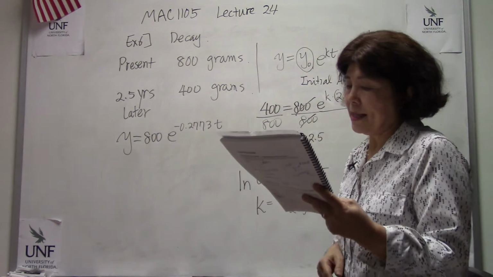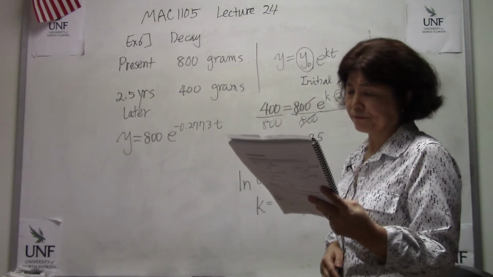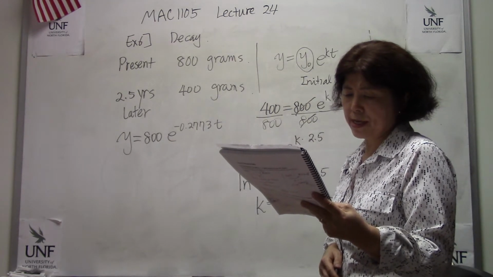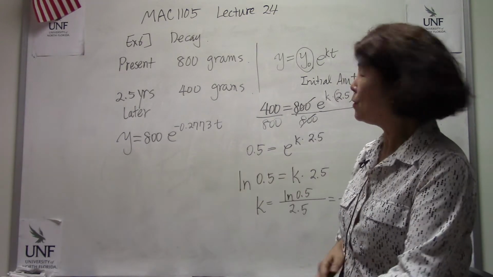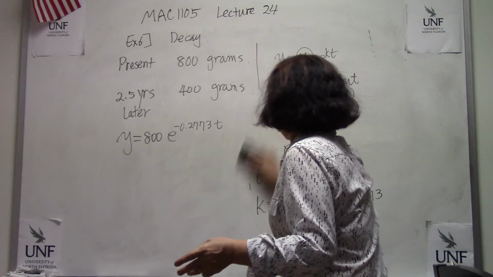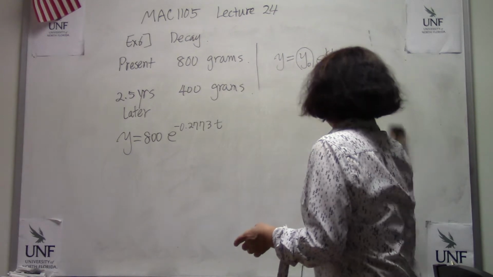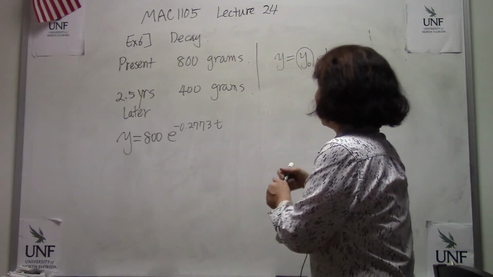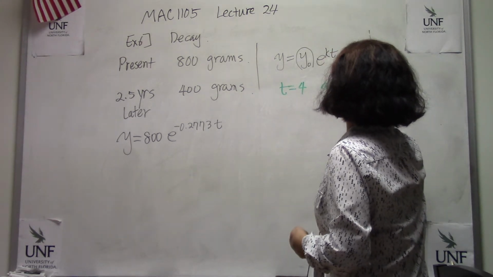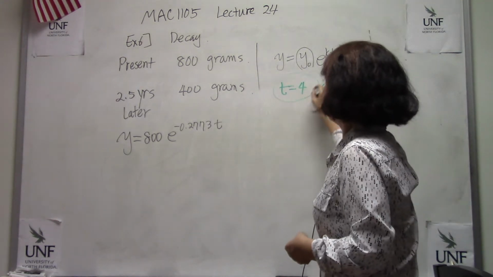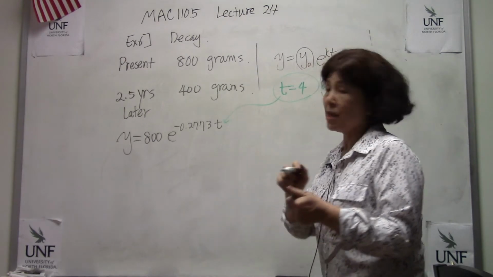The next one is how much of the substance will be present after 4 years? What does it tell you? They gave us t equals 4. This is given, so just plug in over here.